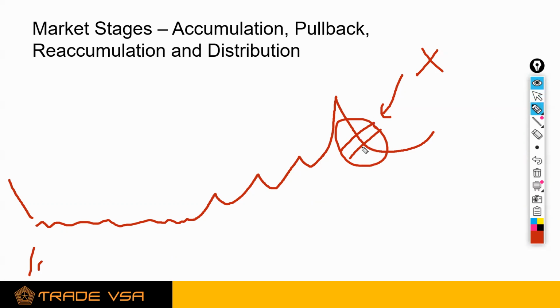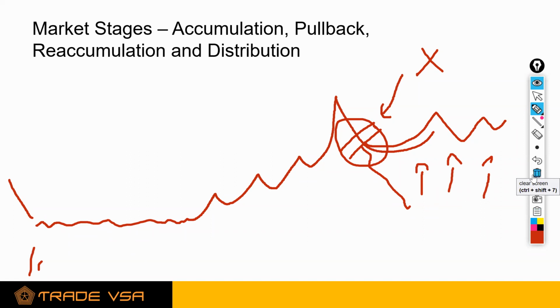Is this a distribution going down, or is this going to be a sideways reaccumulation? Of course, you may spot a sign of strength subsequently from here. That is a better confirmation to tell us whether this stock is currently having a big distribution or reaccumulation.